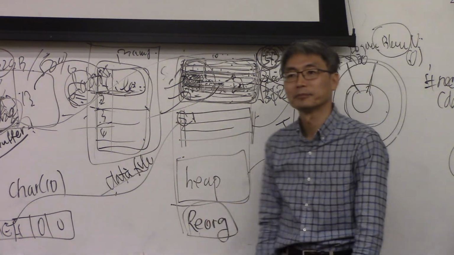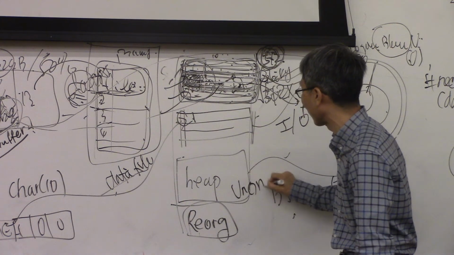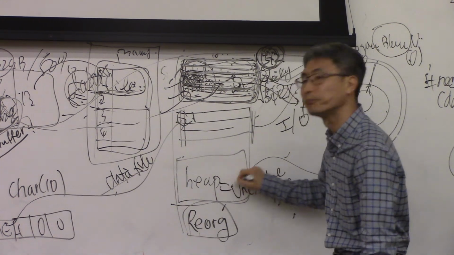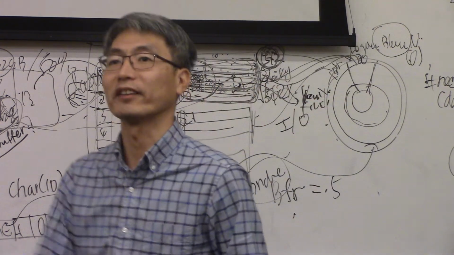This is a heap, so it's called an unordered file. We can create the unordered file or heap file. That's simple; we can just append.